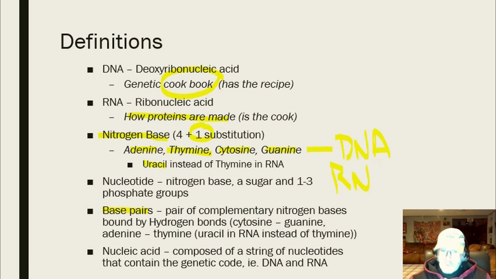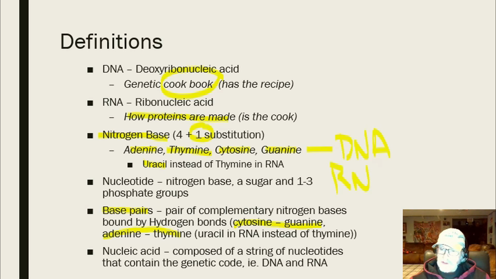One strand has a nitrogen base or nucleotide on one side, and attached to the other strand is another nucleotide, and they're bonded together in the middle by hydrogen bonds. Cytosine on one strand will always bond with guanine on the other strand. Adenine on one strand will always bind with thymine on the opposite strand.